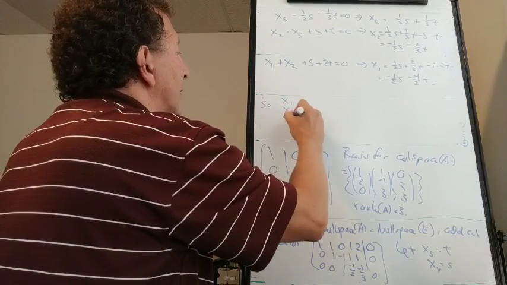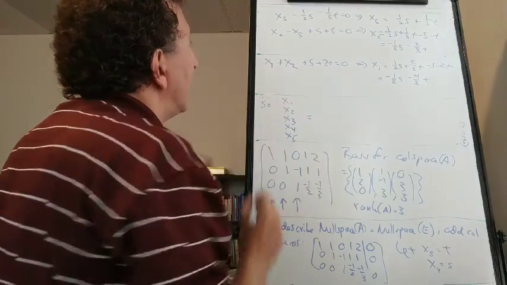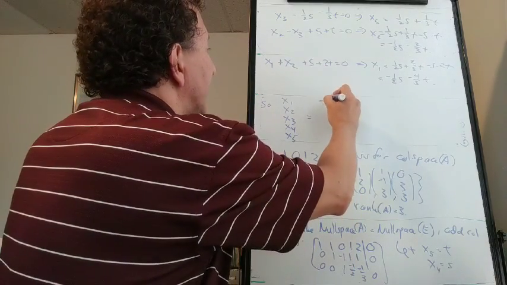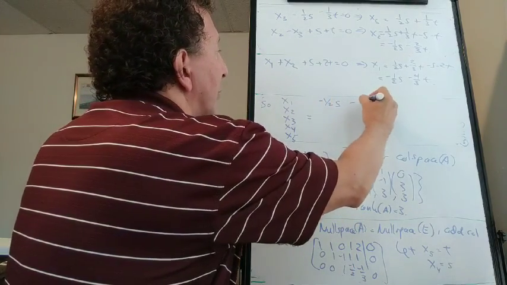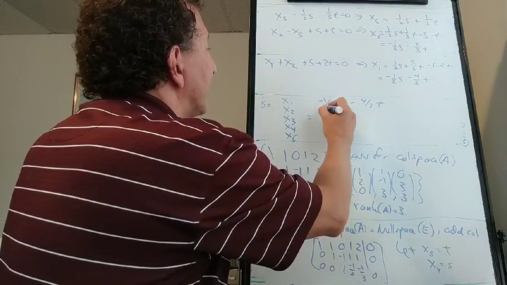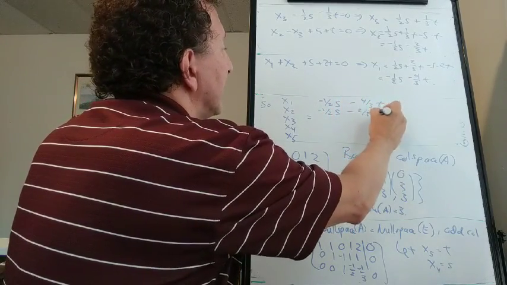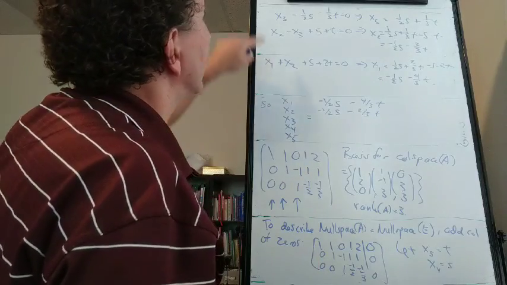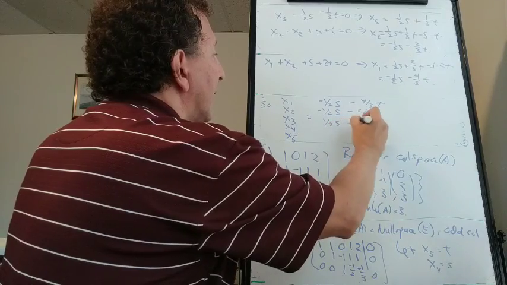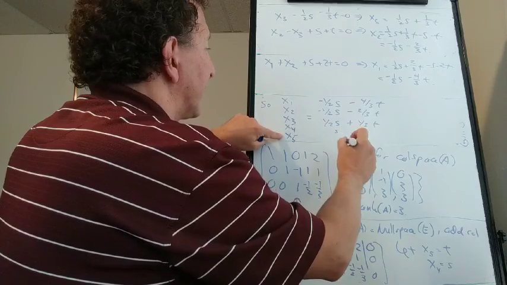So x1, x2, x3, x4, x5 equal: x1 is negative 1/2 s minus 4/3 t. x2 is negative 1/2 s minus 2/3 t. x3 is 1/2 s plus 1/3 t. x4 is s, and then x5 is t.